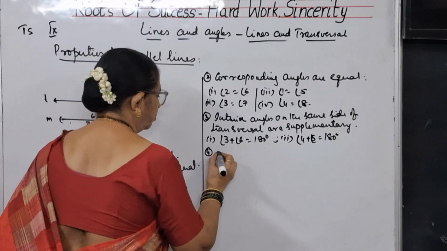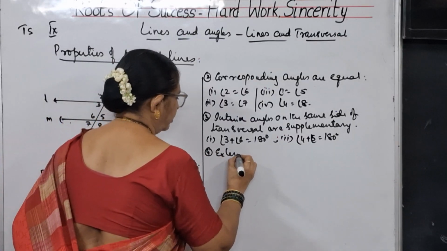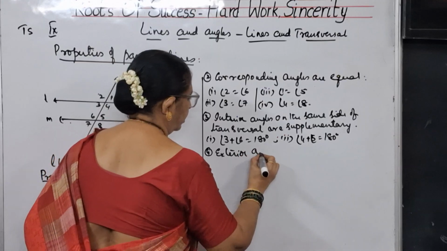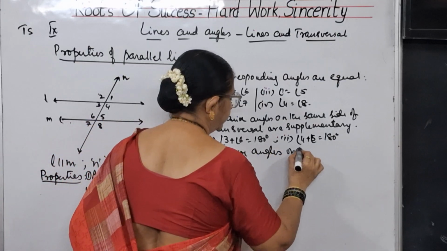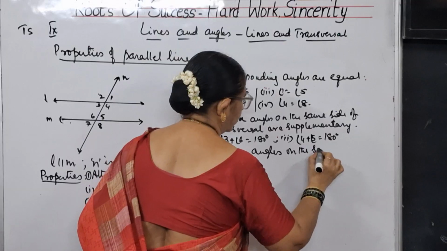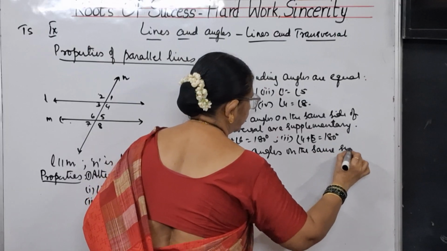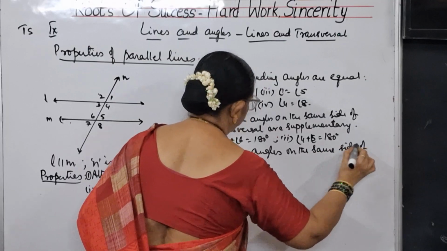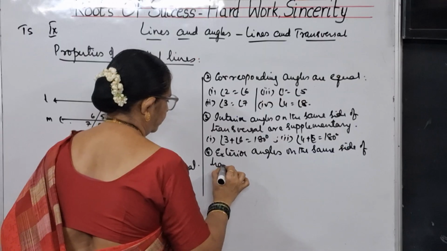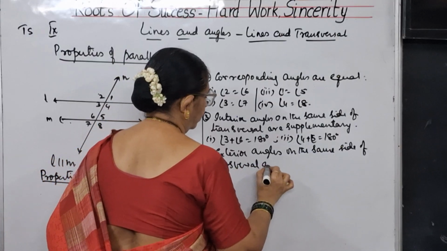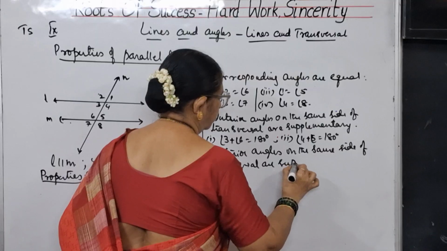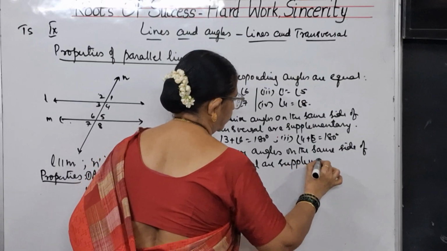And the fourth point is exterior angles on the same side of the transversal are supplementary.